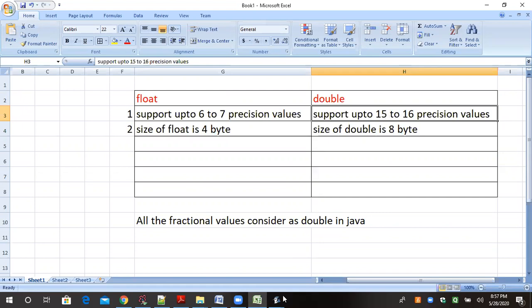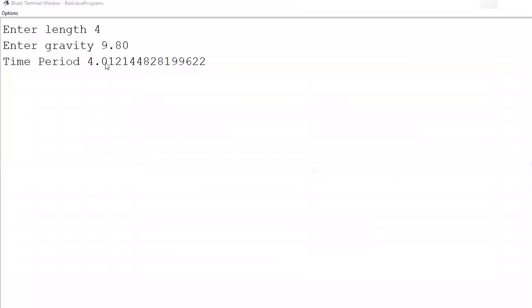Just a moment, you count this value, you will get 15. If you want more accuracy in your answer, if in some situation we require lengthy decimal points, then we can go with double. Understand? Clear to all of you?